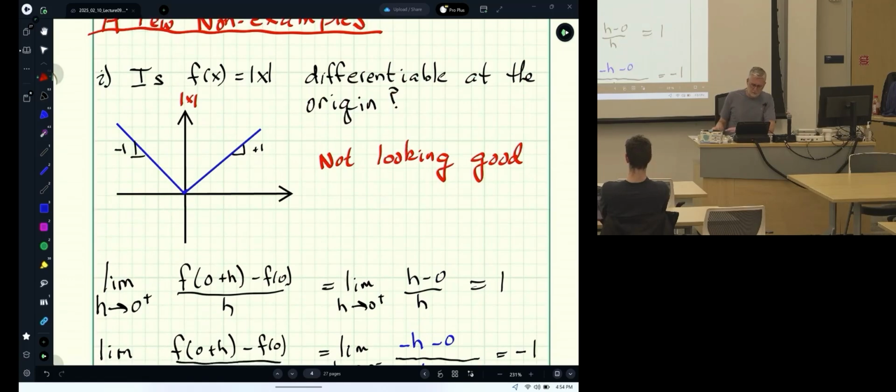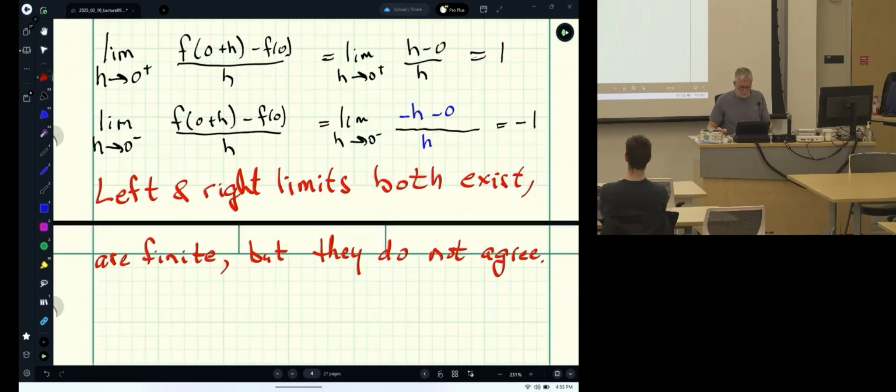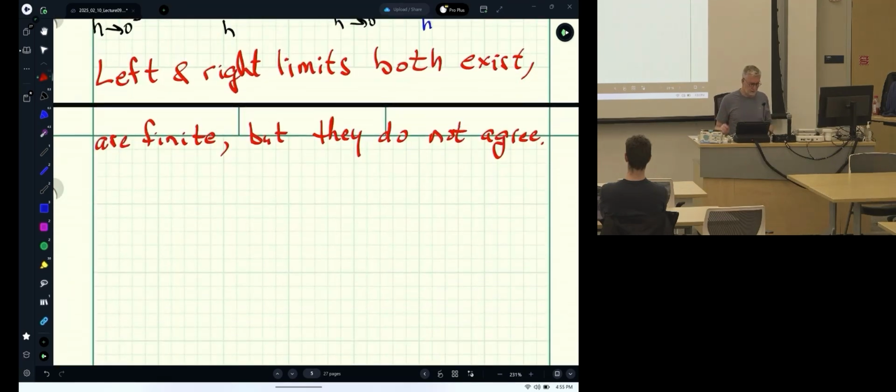And that's going to happen when we have kinks like that. So a bend, right angle, 30-degree angle, any kind of angle is going to be a problem.